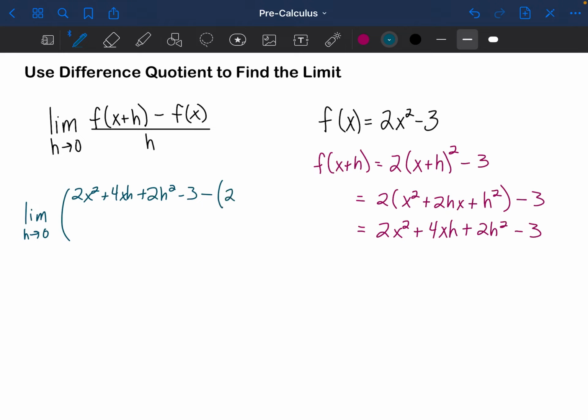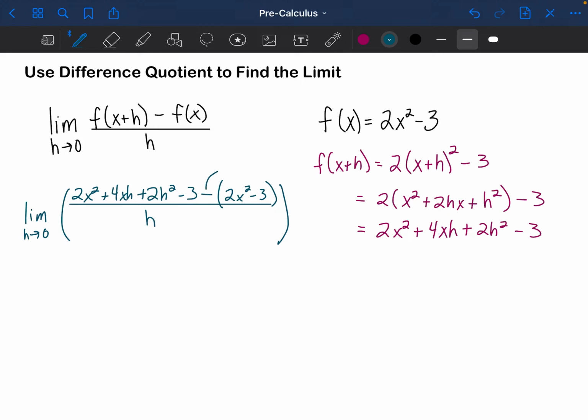So we're subtracting 2x squared minus 3, all over h. Right? Obviously, we can't just do direct substitution here because if we plug in 0, we'd divide by 0. Anyway, we have to try to cancel that out.